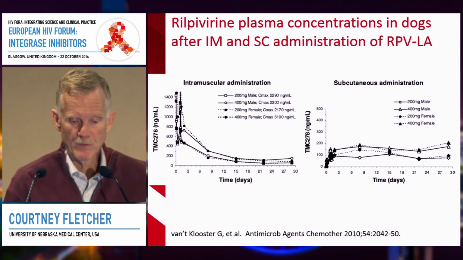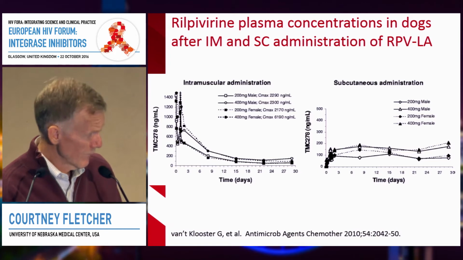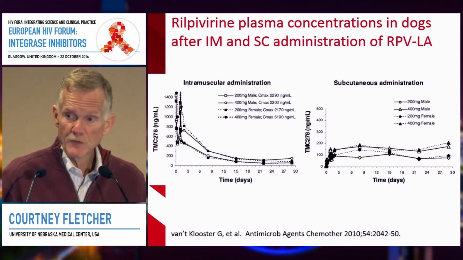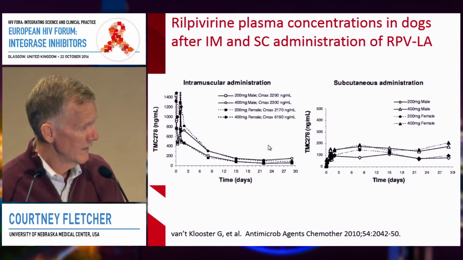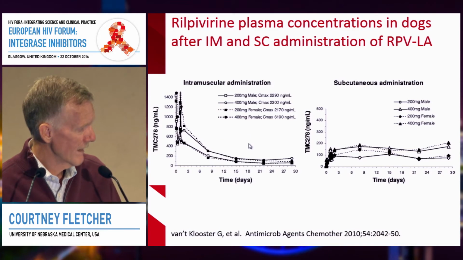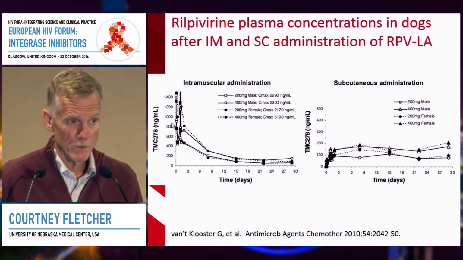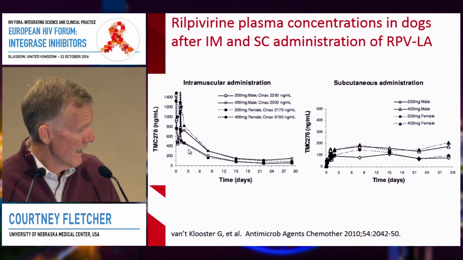So these are data from some of the very early studies, in this case in dogs, with the rilpivirine long-acting formulation, intramuscular injection versus subcutaneous administration. And here again, you can see evidence of two different profiles. With IM injection, much, much higher peaks than what you would achieve, or what was achieved when it was given subcutaneously.